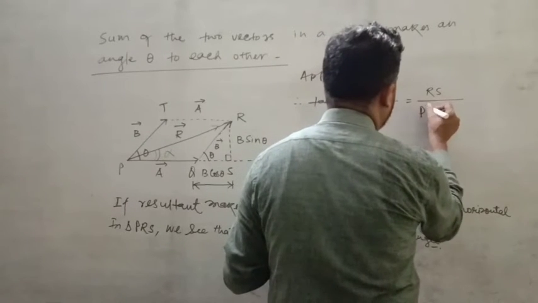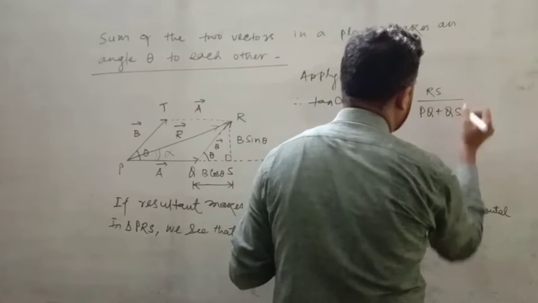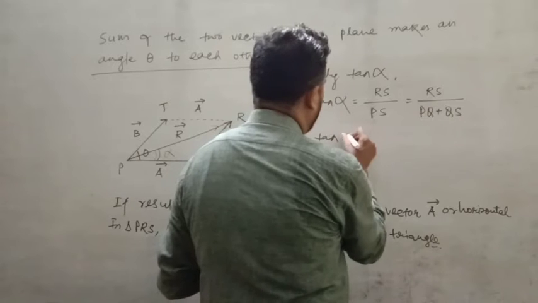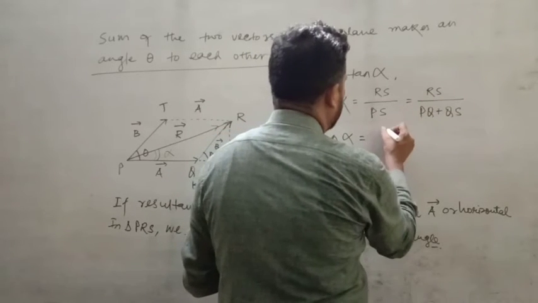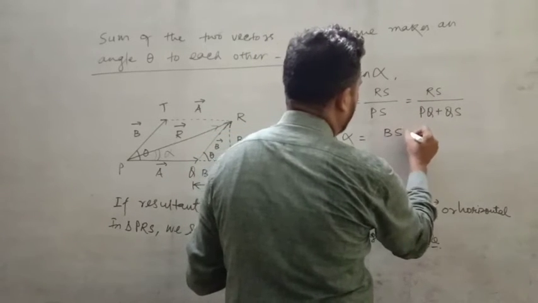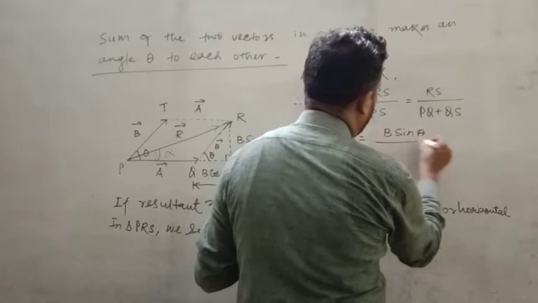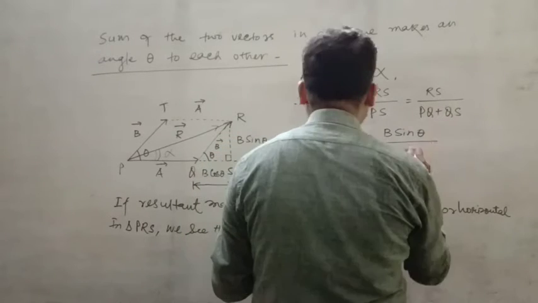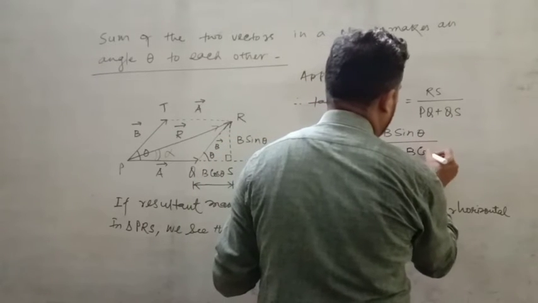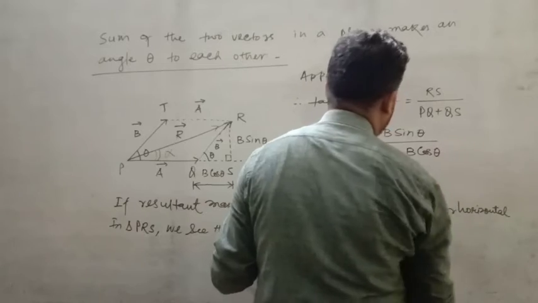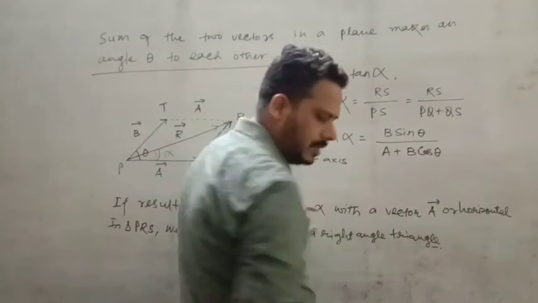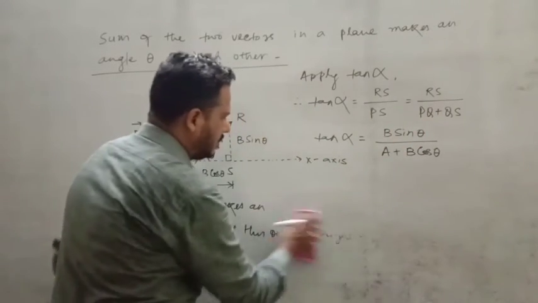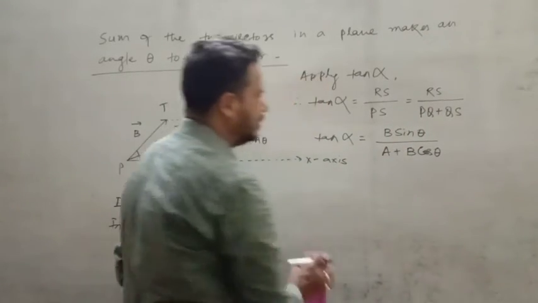So PS is PQ plus QS, and then put the value. Now your RS is B sin theta divided by PQ, which is A, plus QS, which is B cos theta. From here you can calculate your angle alpha.